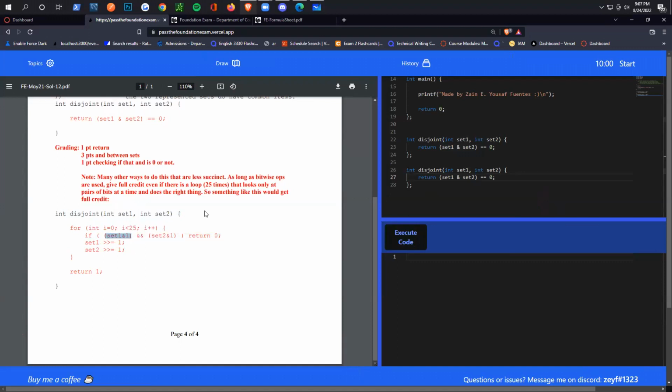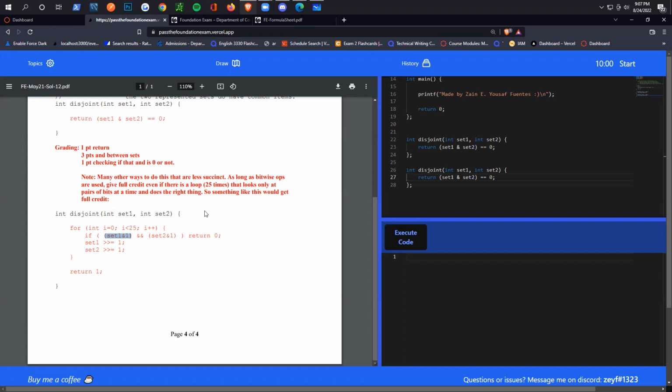What they end up doing, they end up cutting bits off by right shifting it, and they're pretty much checking, okay, and 1. If you do and 1, then it'll tell you, okay, is the last bit before I cut off shifting to the right more, is that on? And if you do and with the next bit on the other set, it'll say, okay, are both of these bits at the end on?